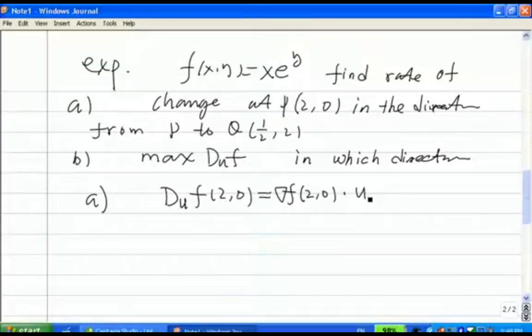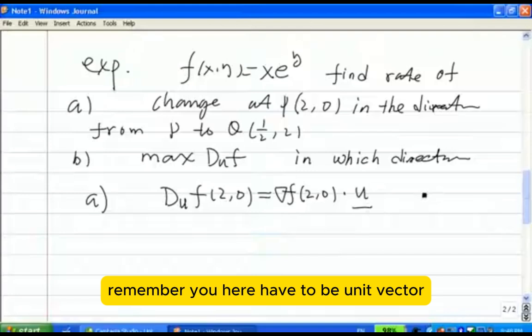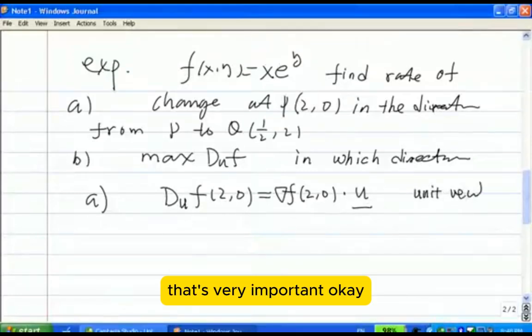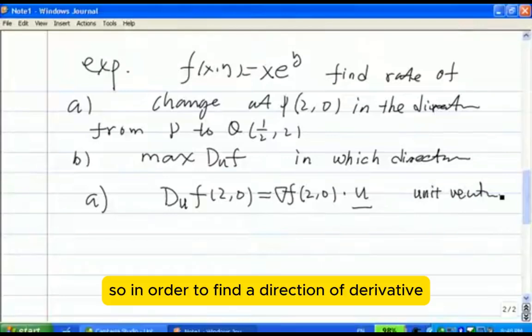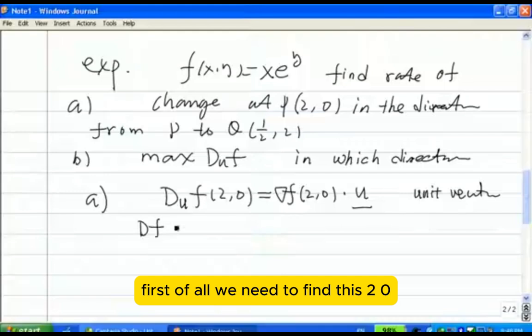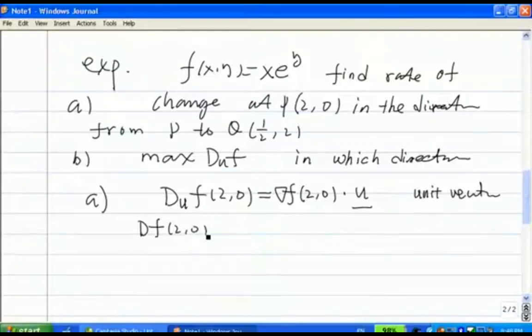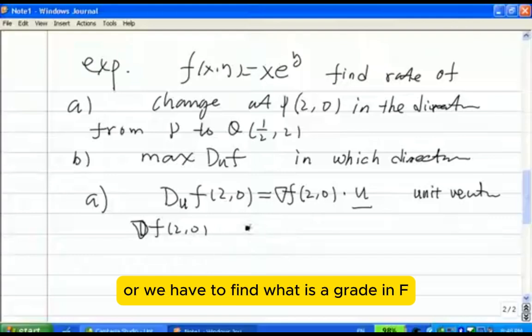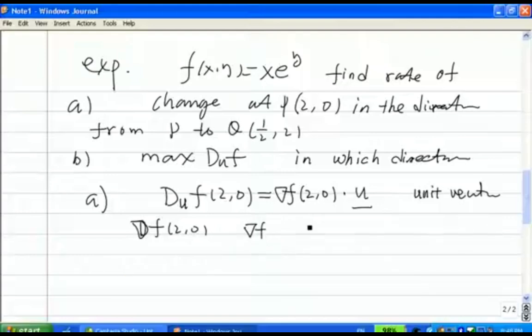Remember, u here has to be a unit vector. That's very important. So, in order to find a directional derivative, we need to find two things. First, we need to find the gradient of f evaluated at (2, 0), so first we have to find what the gradient f is.